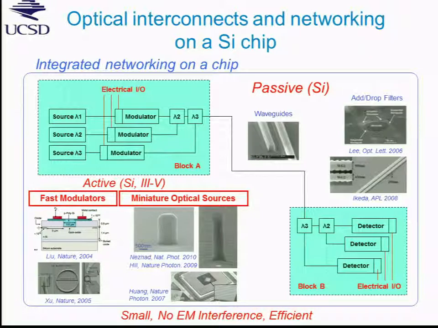So, so far, the modulators made in silicon are utilizing PN junctions and reverse bias, and they are getting to gigahertz, 10 gigabits per second rates, which is great. But if we want to go beyond 10 gigabits per second, that will be difficult. Also, the heat generation may become an issue. The second element is very small lasers that can be integrated with this silicon photonics platform.